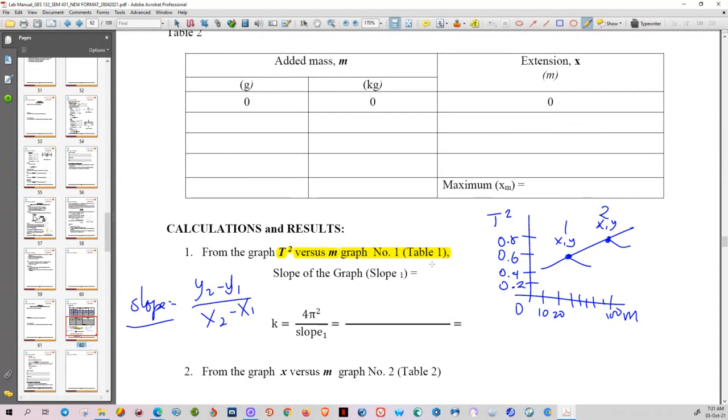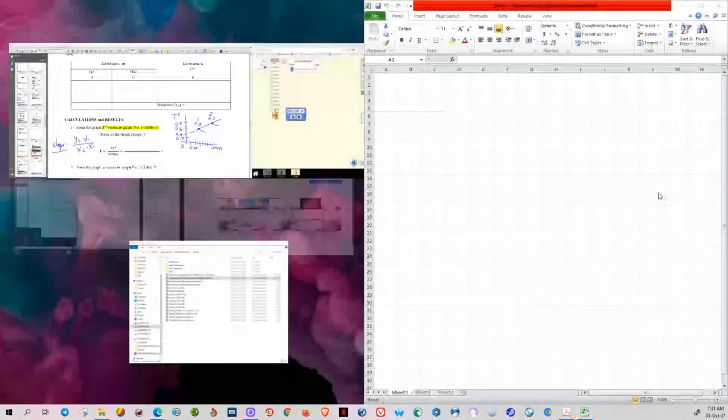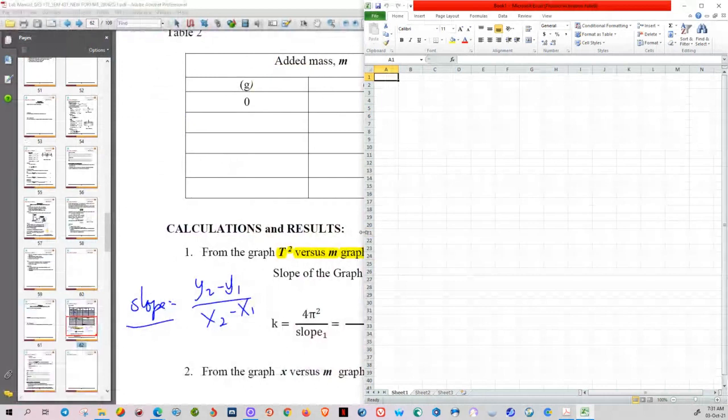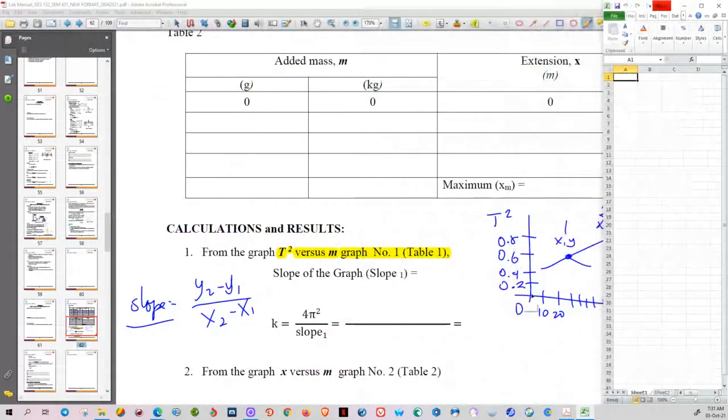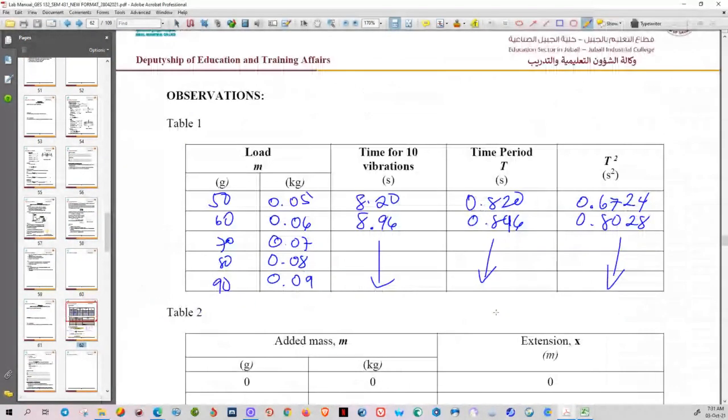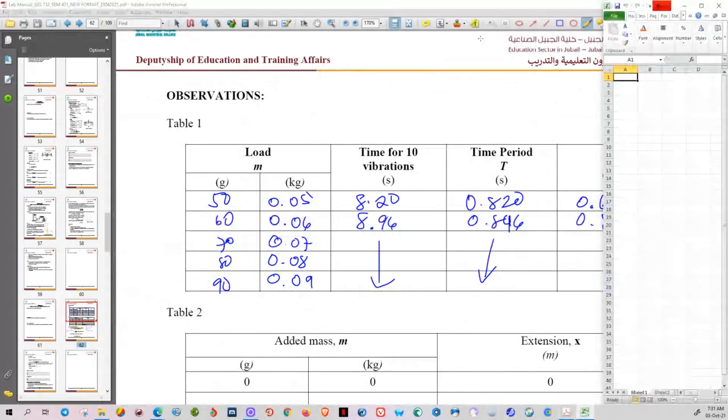If you want to graph it in Microsoft Excel, you can. So if we open Microsoft Excel, what you can do is enter the data of your X and Y axis. Let's say you have to graph t squared versus m.